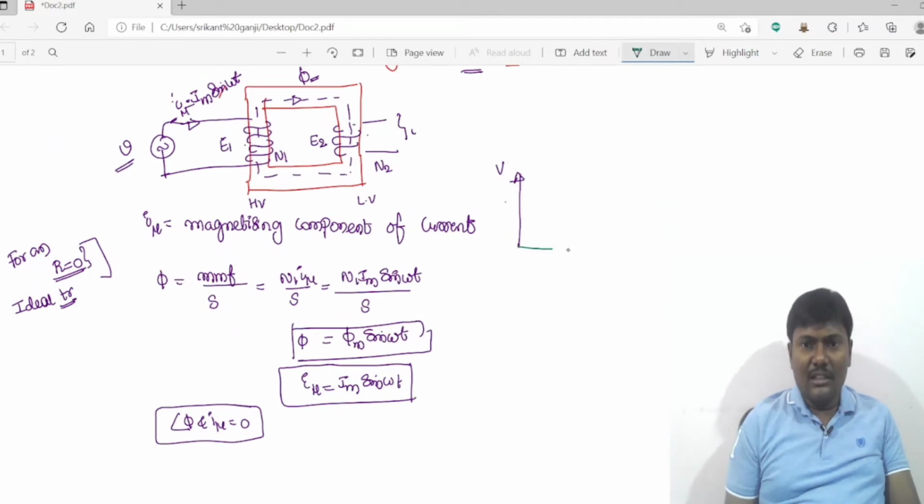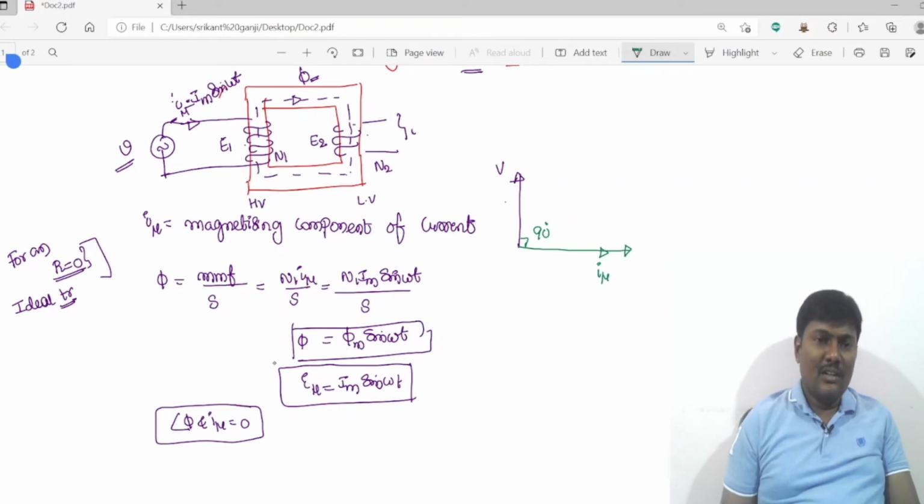Because of that, we know that the angle between voltage and the magnetizing component of current is exactly 90 degrees. The magnetizing current flowing through the winding produces a flux that is in phase with the magnetizing component of current, because the angle between the flux and I mu is 0.